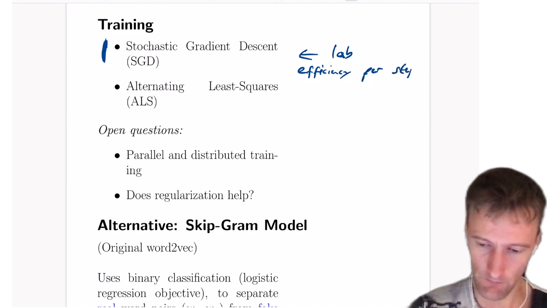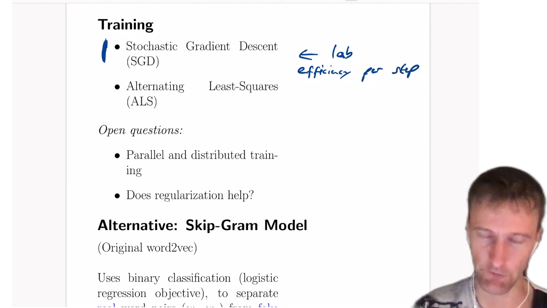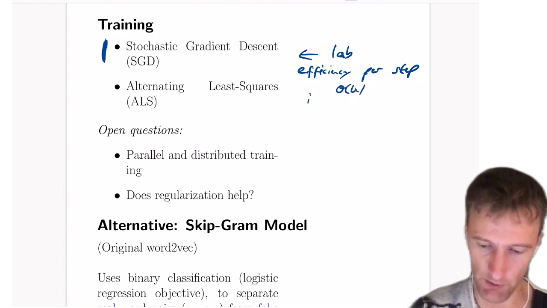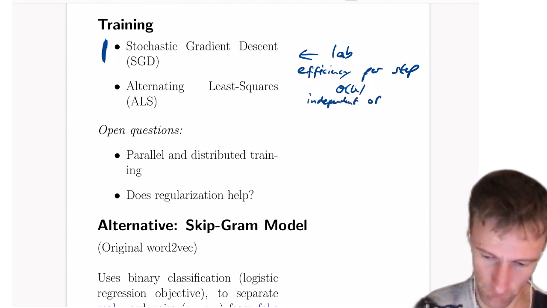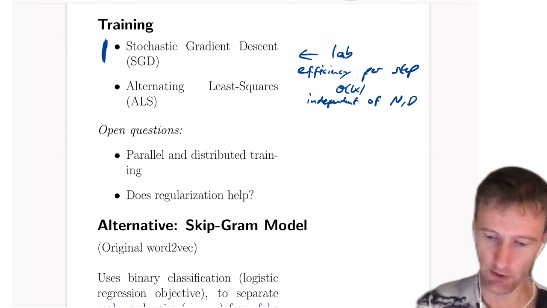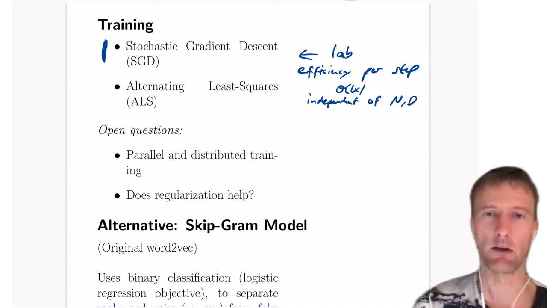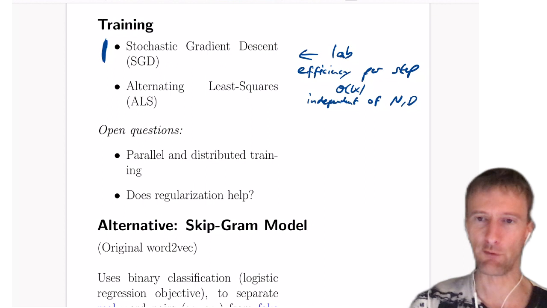The efficiency per iteration is order of k, which is independent of the number of words we have. So it's independent of this gigantic size of this matrix. So it's quite fast.